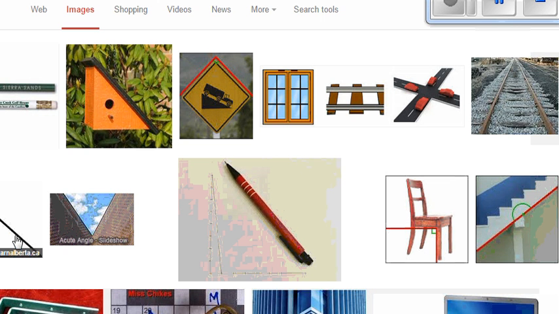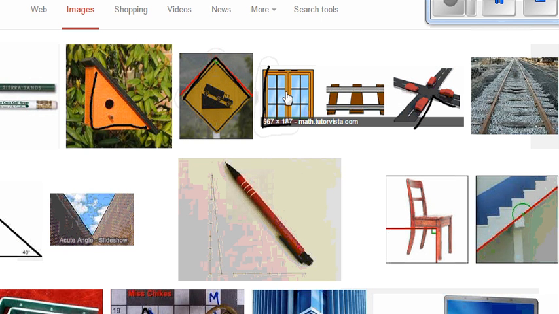Did you spot the right angle here? How about the right angle there? It's just tipped to the side. What about the right angle here on these windows? Or what about the right angle at this intersection? How about a right angle on this board of Scrabble? So you can see there are actually lots of real-world examples of right angles.